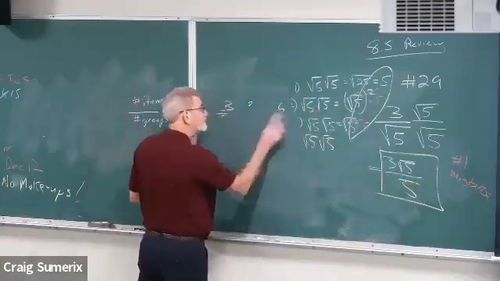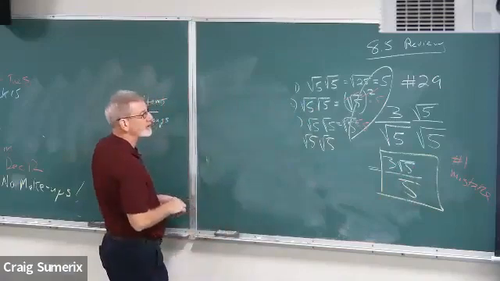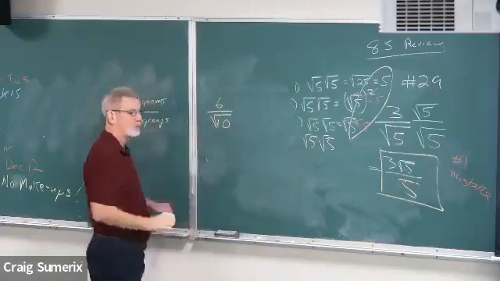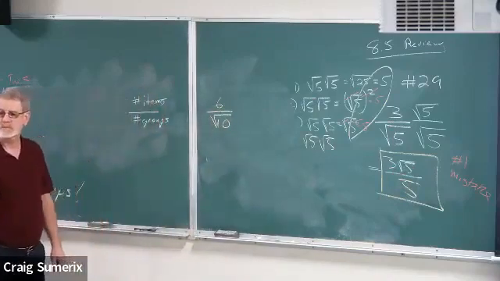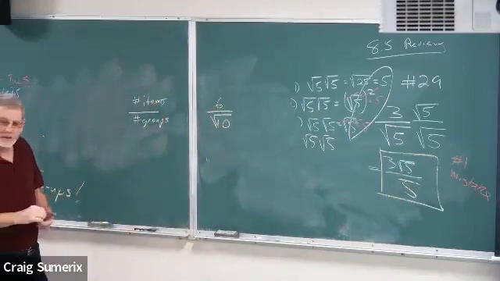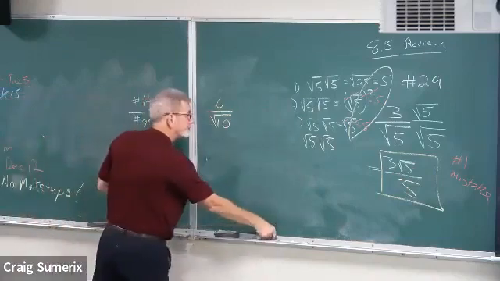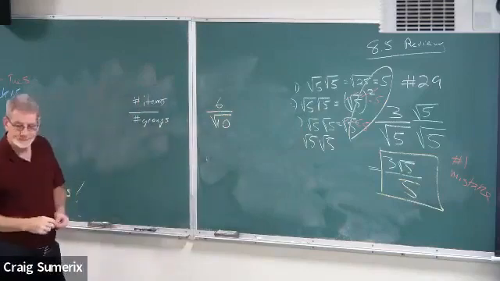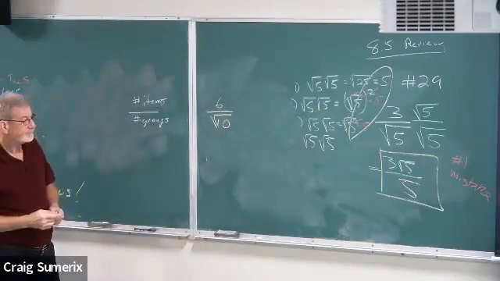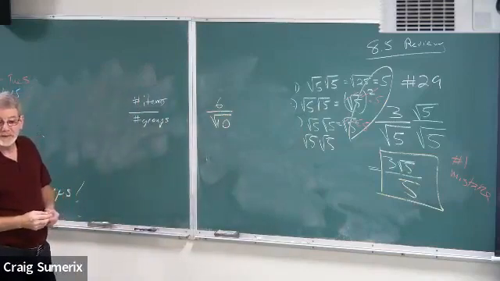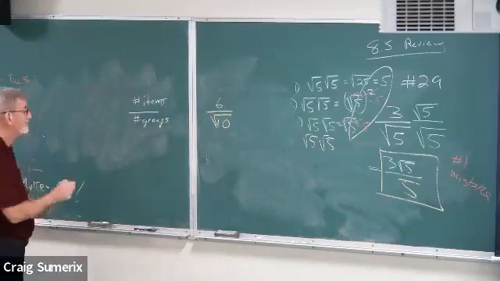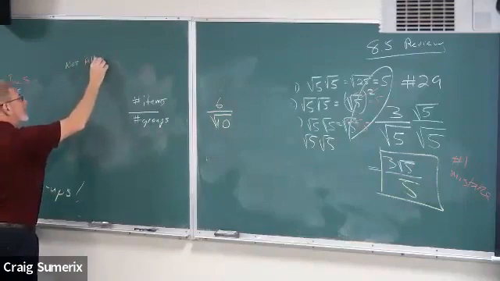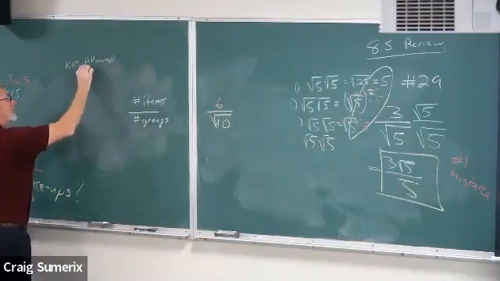Now be careful. What if instead it had been 6 over the square root of 10? And we do the same thing, and have a radical in the bottom. So now, is anybody keeping a list of the things you can't have in the bottom of a fraction?